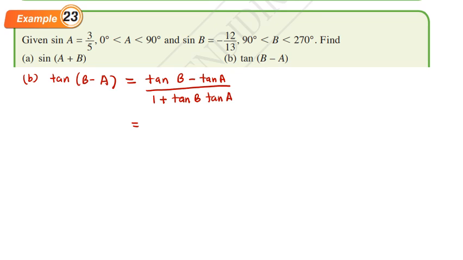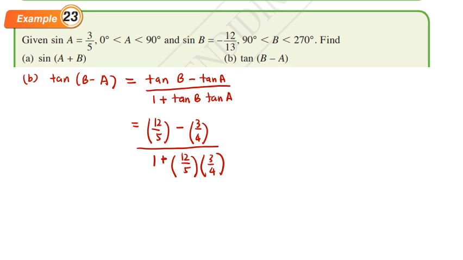Tangent B is 12 over 5 minus tangent A is 3 over 4, over 1 plus tangent B, 12 over 5, tangent A, 3 over 4. Okay, put in your calculator. So you will get 33 over 56.